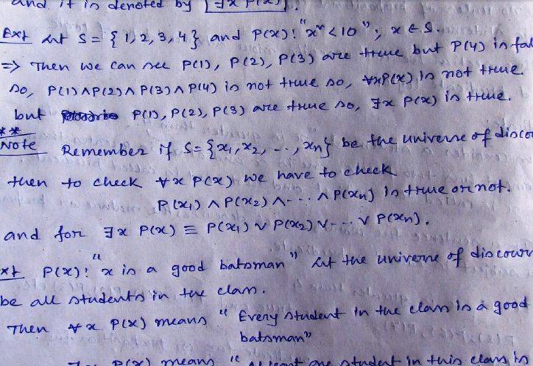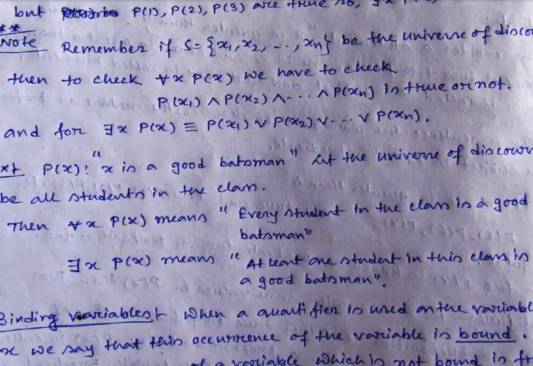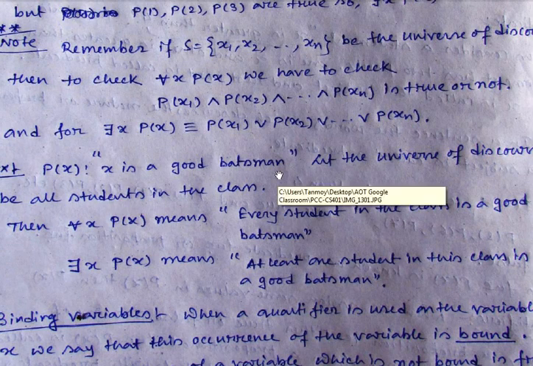Now let us have a look at another example. We want to convert a statement into a universal or existential quantifier. Say P(x) is the statement that x is a good batsman, and let the universe of discourse be all students in the class.